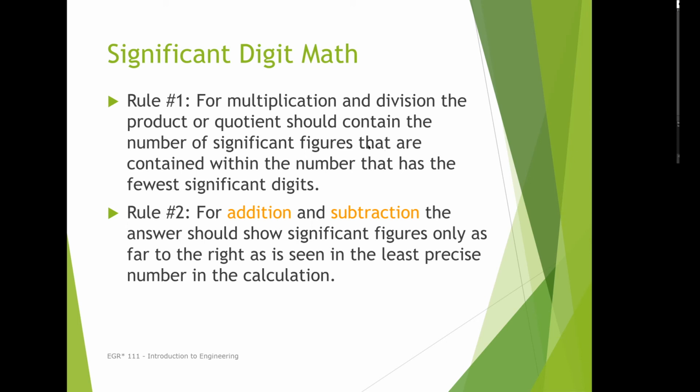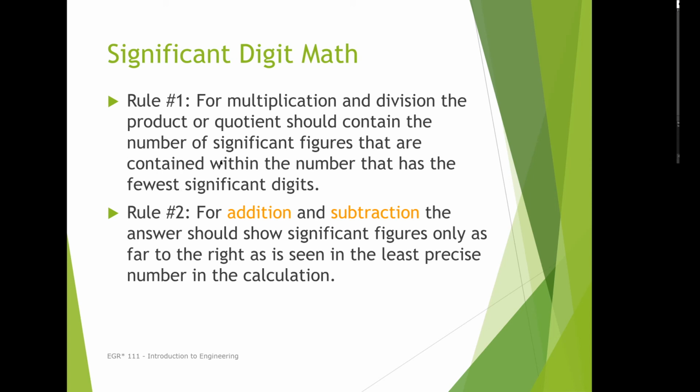And here's the main point. When we do multiplication and division, the final number from your calculation is going to have the number of significant figures of the number with the fewest significant digits.